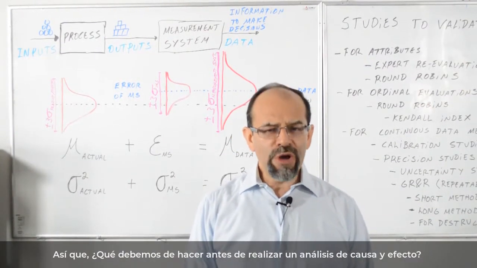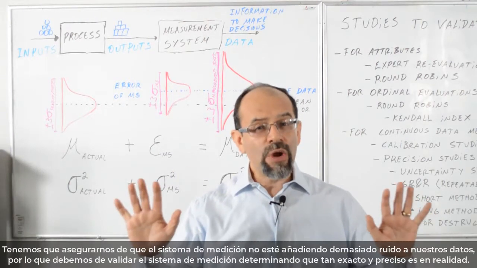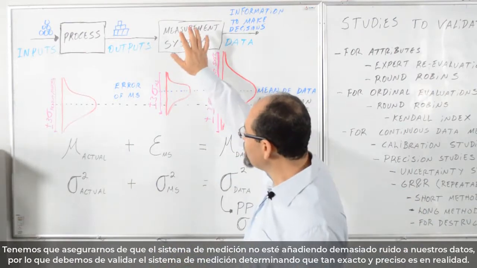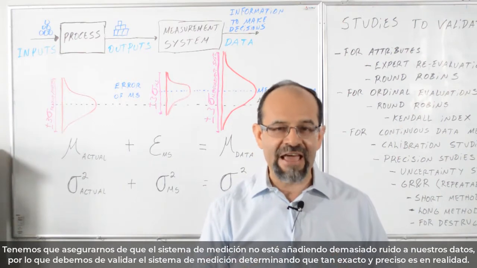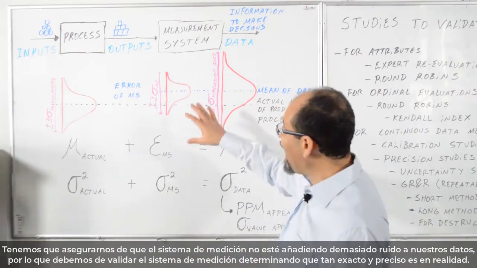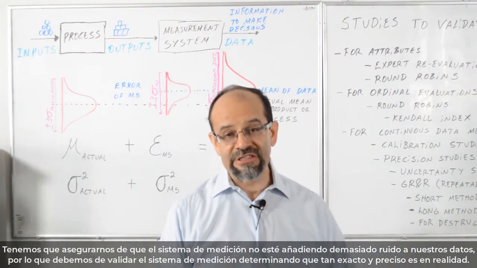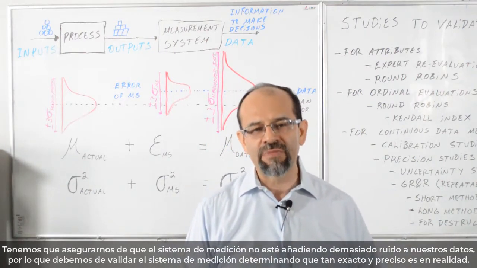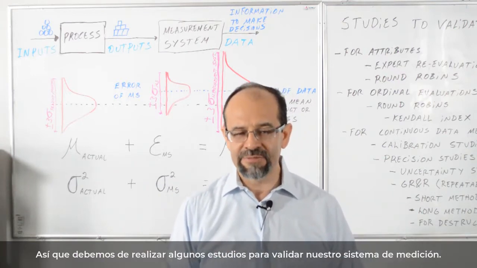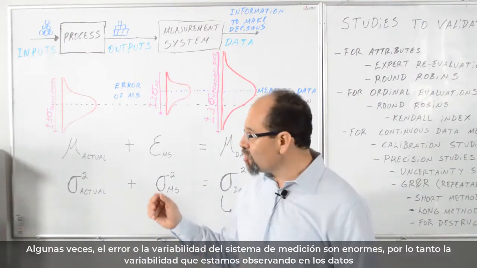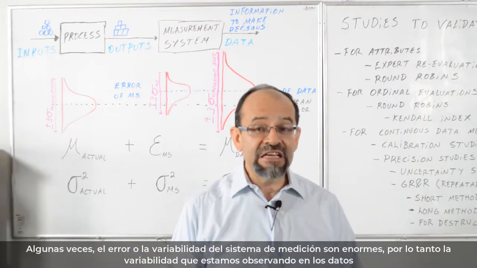So what do we have to do before doing a cause and effect analysis? We have to make sure that the measurement system is not introducing too much noise to our data. So we have to validate the measurement system, how accurate and how precise is our measurement system. So we have to do some studies to validate our measurement systems. Sometimes the error or the variability of the measurement system is huge.